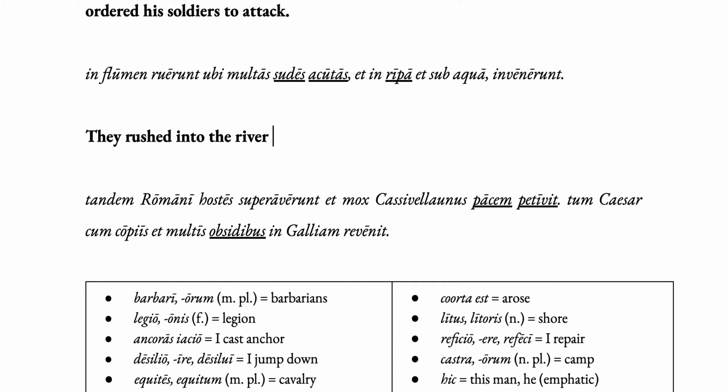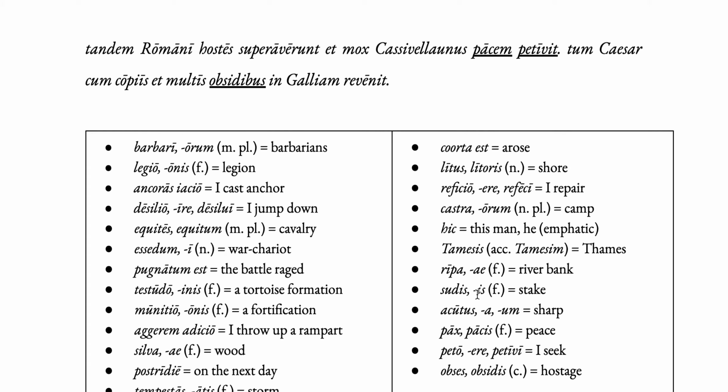Now, ubi here could mean when or where, but I think in the context, where is better. Where. And then the main verb is invenerunt, third person plural perfect tense from invenire, to find. So where they found, and the object is multas sudes acutas. Now, sudes are stakes, and acutas means sharp.